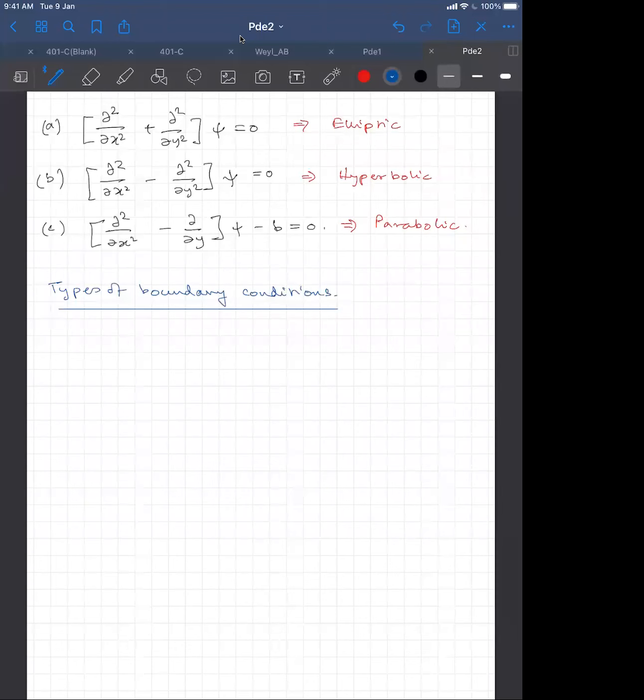Okay. And we have also seen that it's important to stress that these boundary conditions have to be appropriate for the partial differential equation. As we have seen, some particular boundary condition might lead us to say that there is no solution for the PDE with that particular set of boundary conditions.